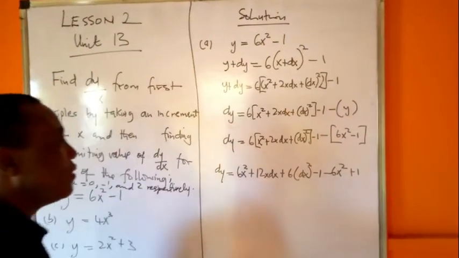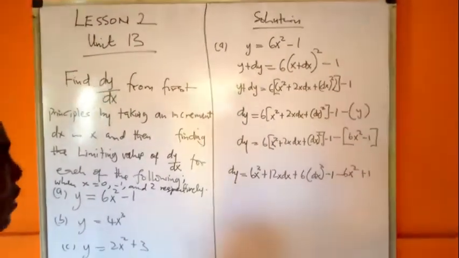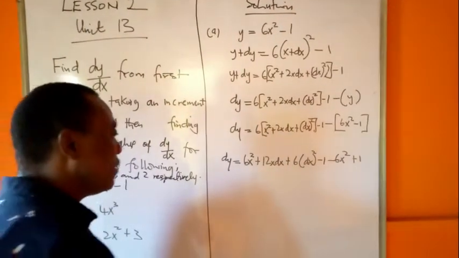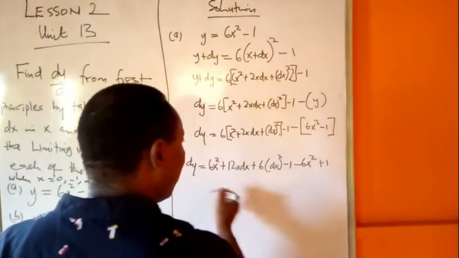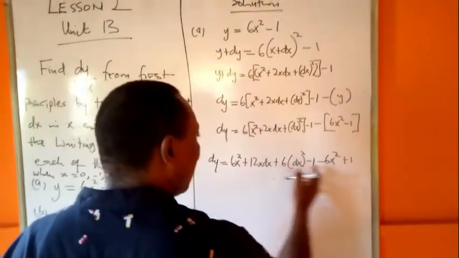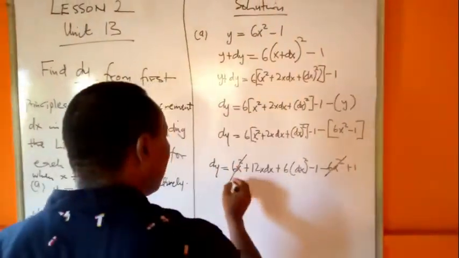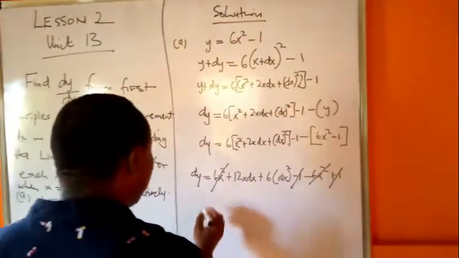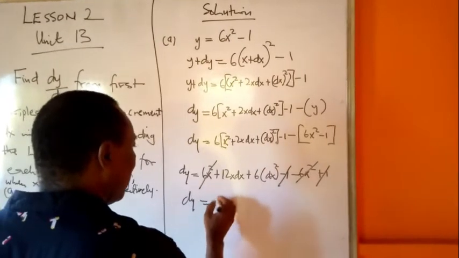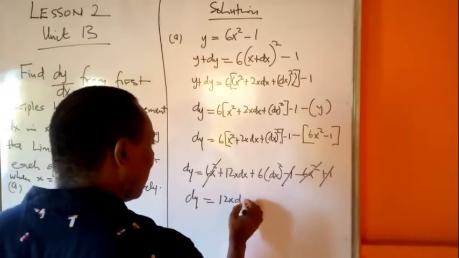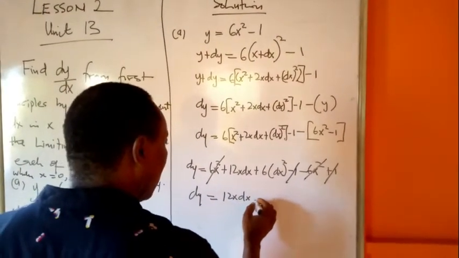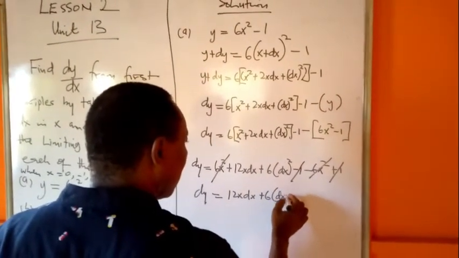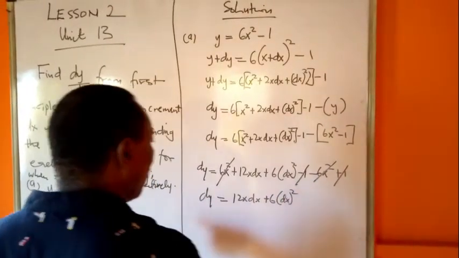Let us see what will be eliminated. We'll discover that plus 6x squared minus 6x squared will go away. Minus 1 plus 1 will go away. So delta y is equal to 12x delta x plus 6 into delta x all squared.